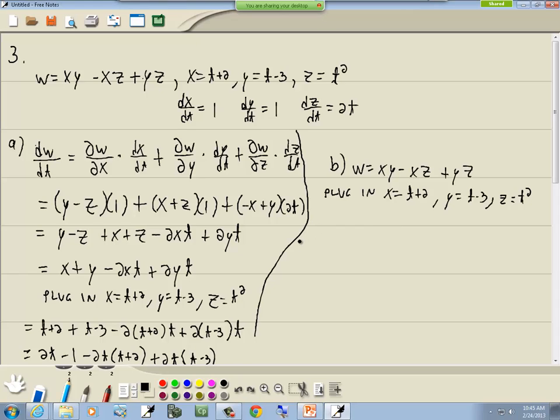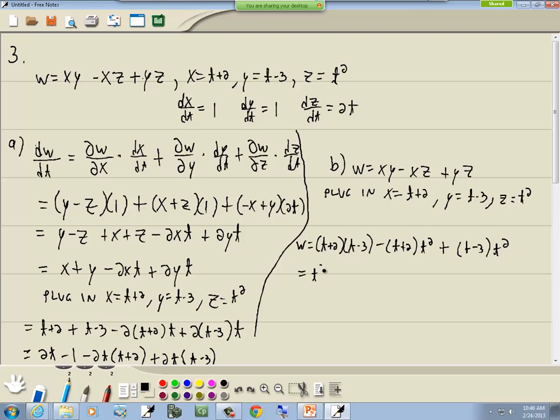Okay, so we got w is equal to x, which is t plus 2, times y, which was t minus 3, minus x, which is t plus 2, times z, which is t squared, plus y, which is t minus 3, times z, which was t squared.